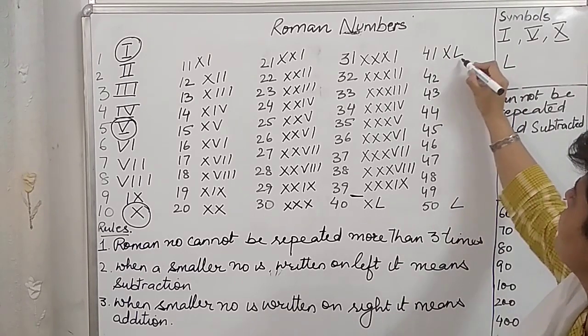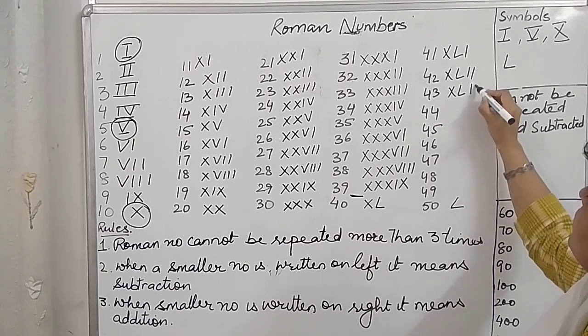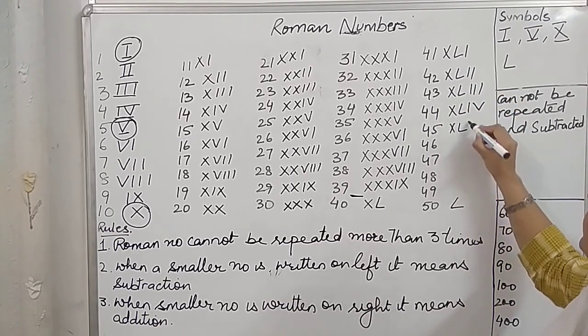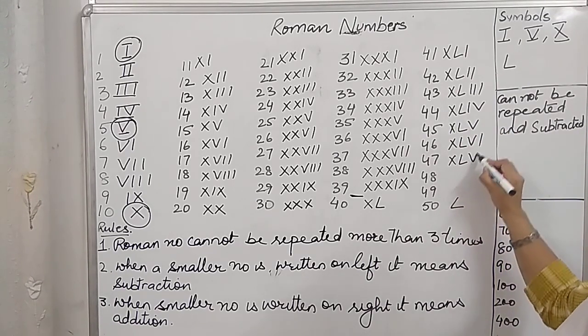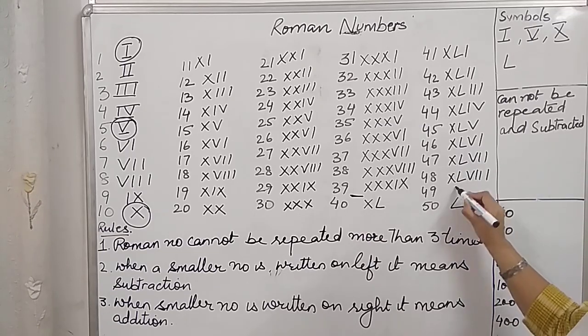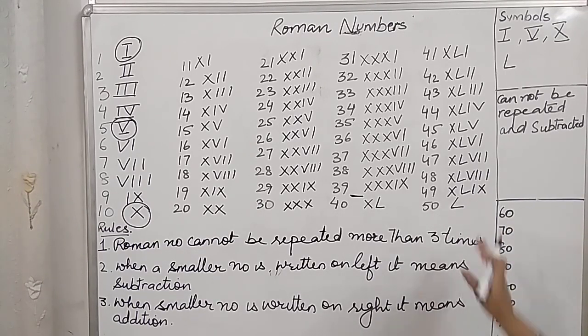41 is XLI, 40 plus 1, 40 plus 2, 40 plus 3, 40 plus 4, 45, 46, 47, 48, 49 and then 50.